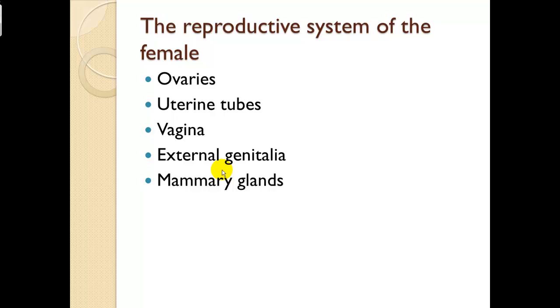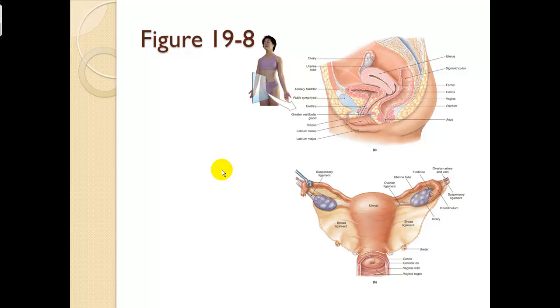And this will actually trickle over into part 3. Reproductive system of the female, ovaries, uterine tubes, the vagina, external genitalia, and mammary glands in this section.